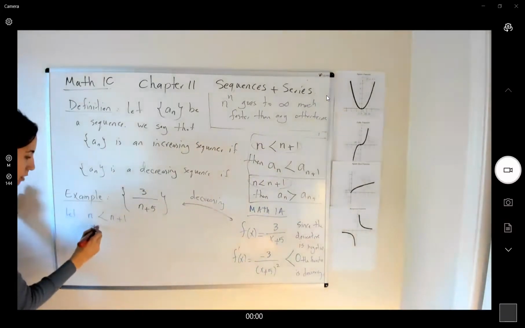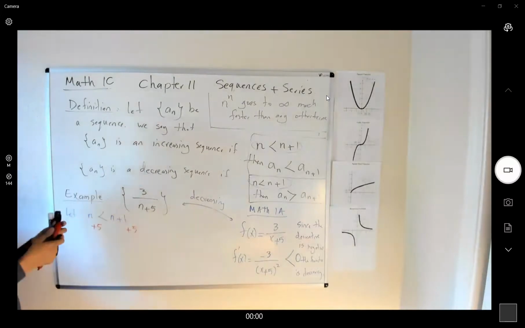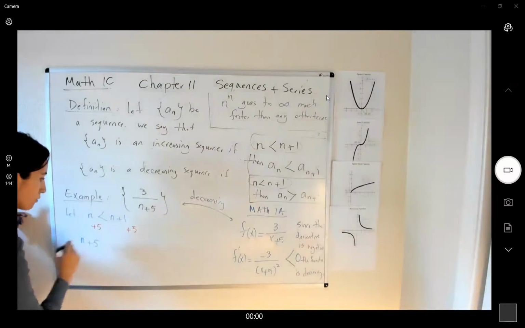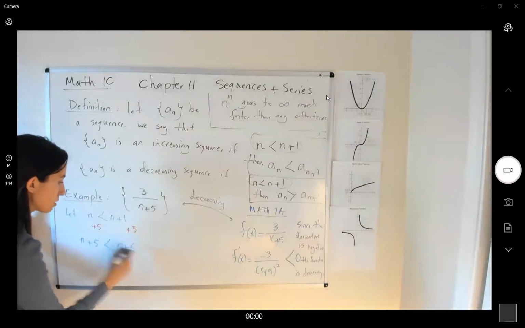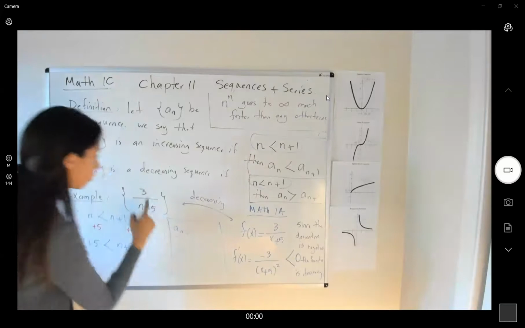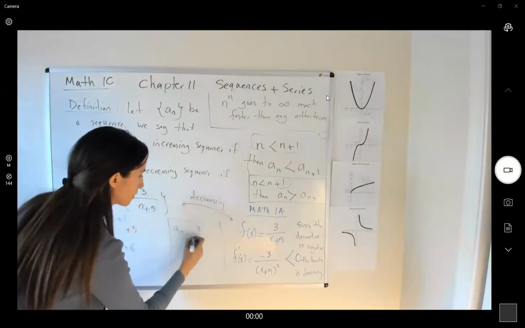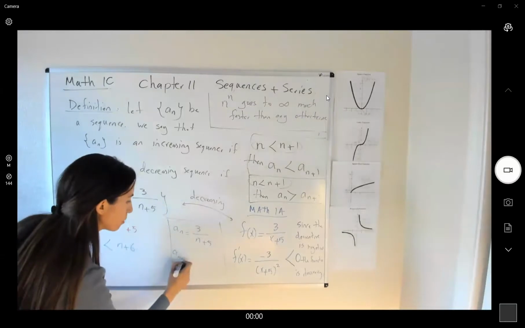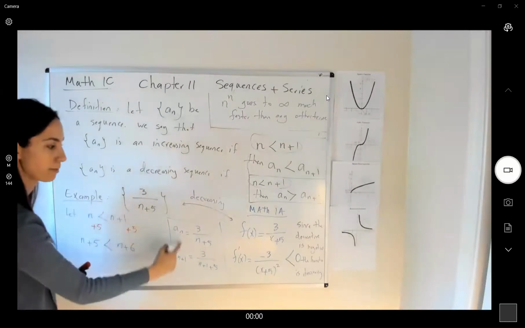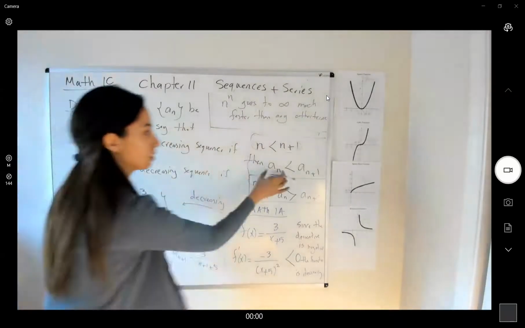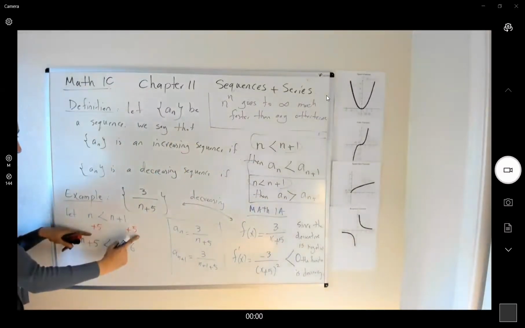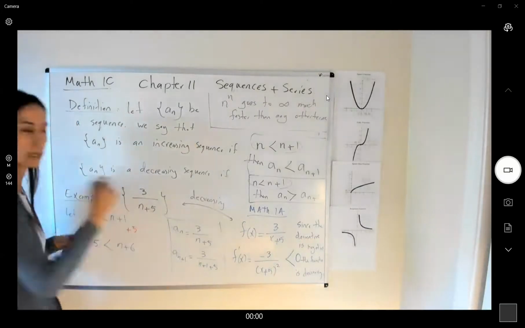I have n plus 5 less than n plus 6. Why am I adding this? a sub n is equal to 3 over n plus 5, and a sub n plus 1 is 3 over n plus 1 plus 5. I'm comparing these two terms, so by adding 5 to both sides, I'm creating a sub n and a sub n plus 1.